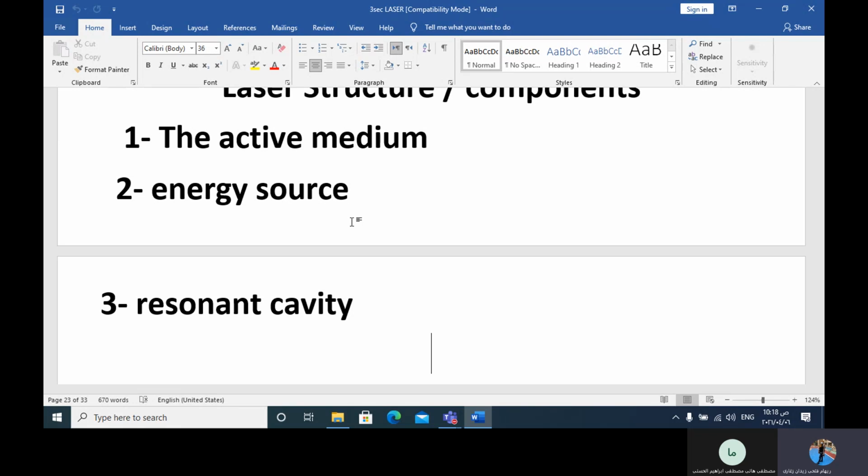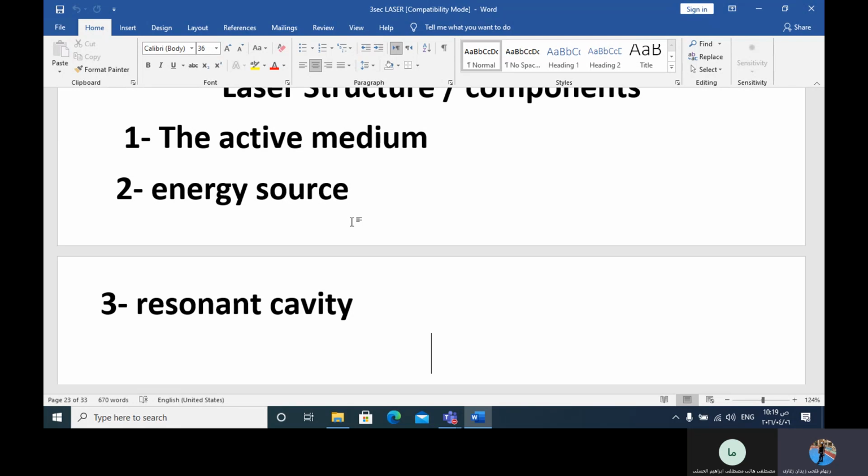So this kind of energy is the start of the action itself, the lasing action. And the energy source can be anything, like electric or optical, or it can also be thermal or chemical, and so on. So we have many types of energy sources that could be used to trigger or start the lasing action.